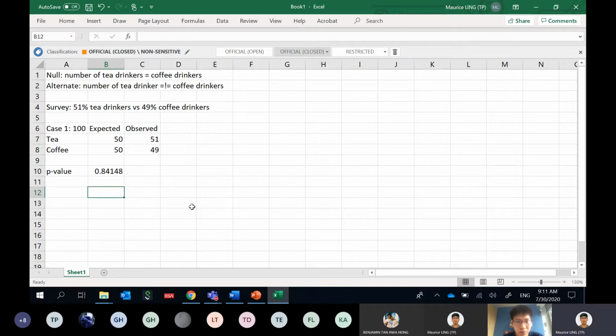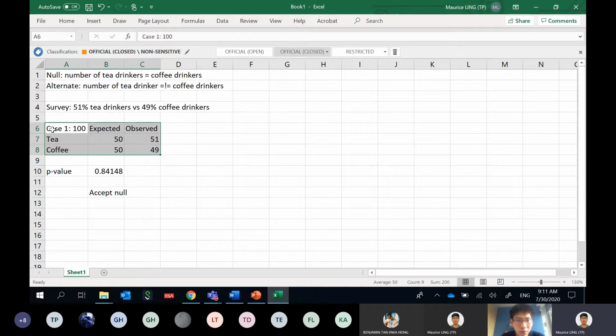Come on, Ben, you can do it. Accept the null hypothesis. Okay, accept now. So this is the case where you're almost using percentage because you only have 500.